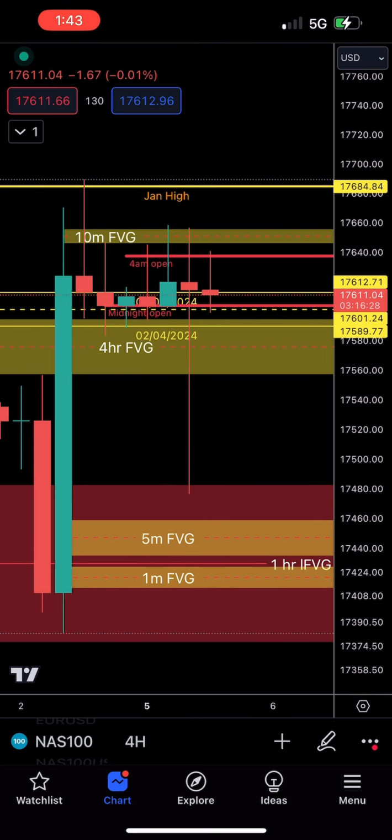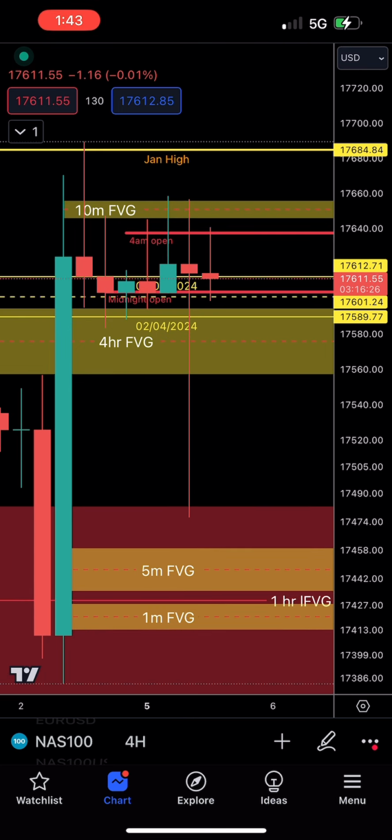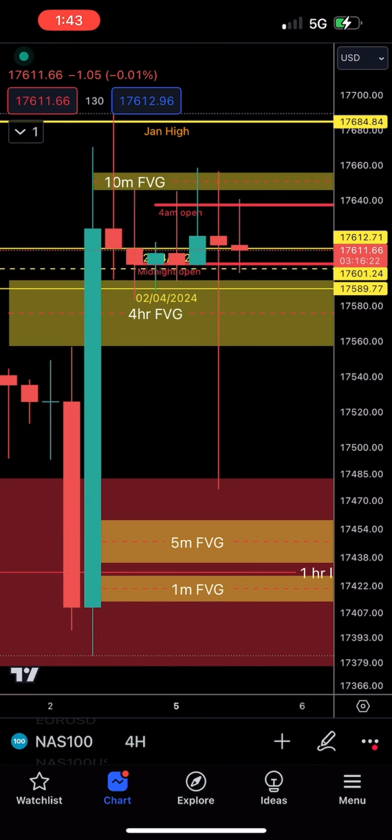There's a 1 hour fair value gap, and there's also an order block sitting right there, right? Notice how it went all the way down, way past the 4-hour fair value gap, but on the 4-hour chart, the 4-hour candle still closed above the 4-hour fair value gap, which means that 4-hour fair value gap is still valid.